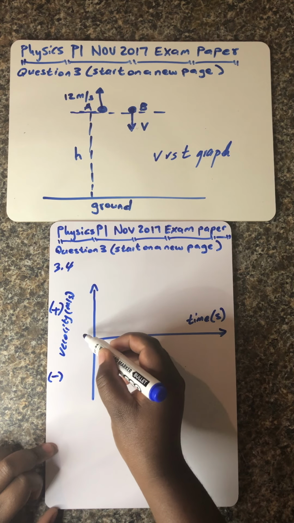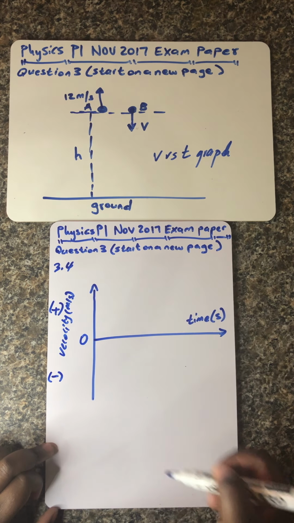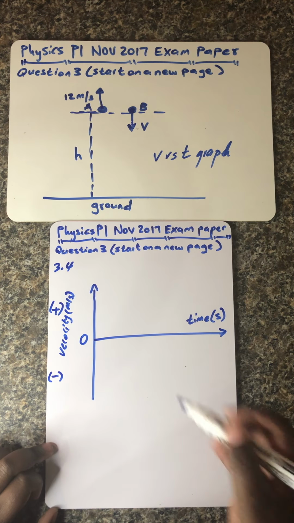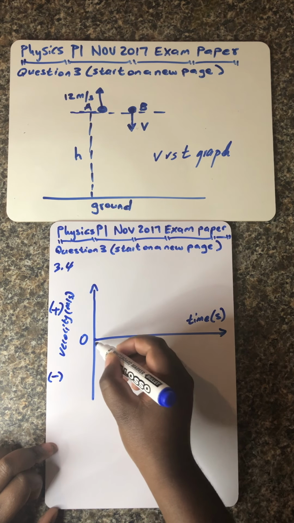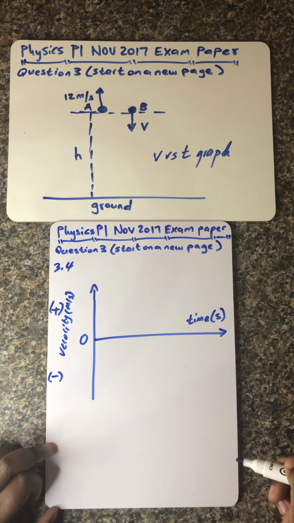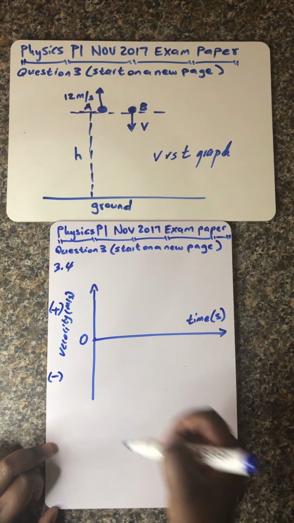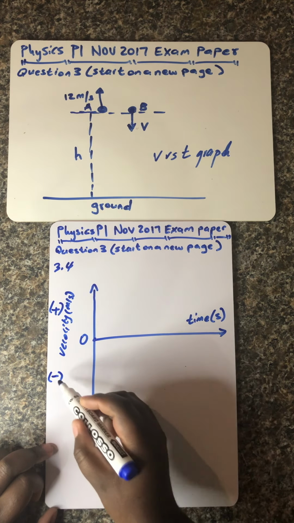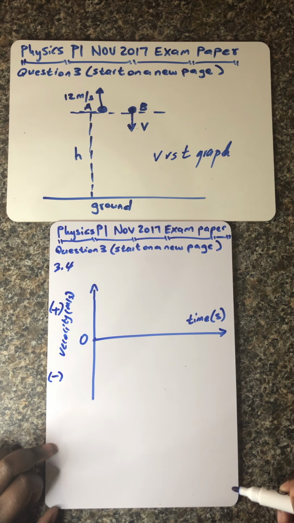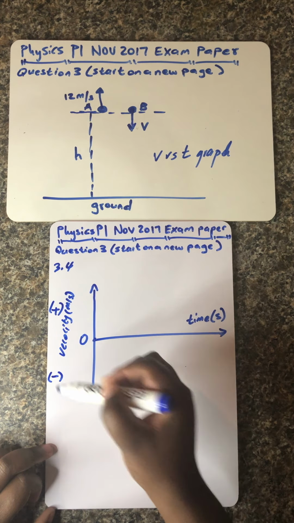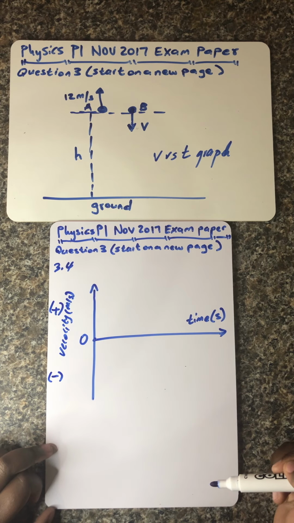So obviously this is the point where the velocity is 0, and from that point going up, that's where you have positive velocity. From that point going down, it means you've got negative velocity. So as I've indicated, the positive and the negative only refer to the sign.